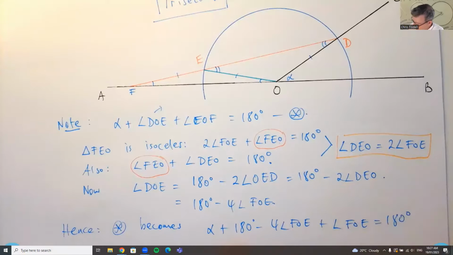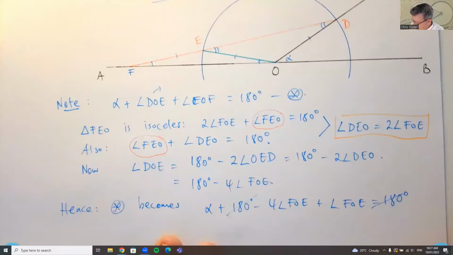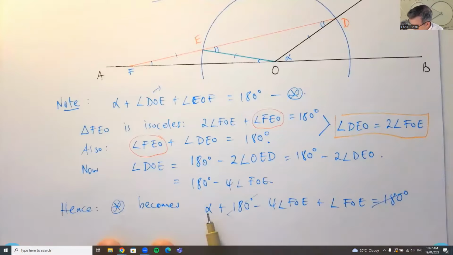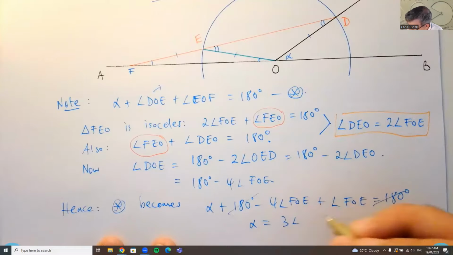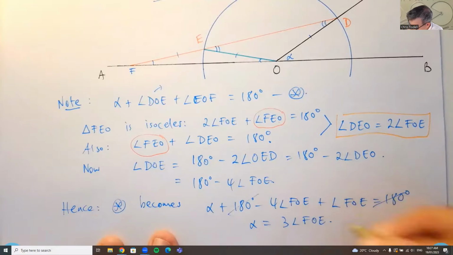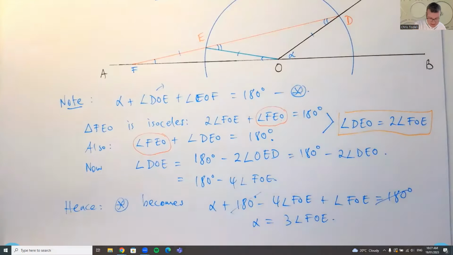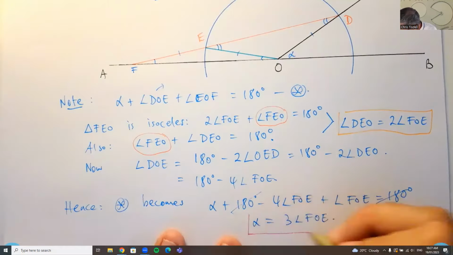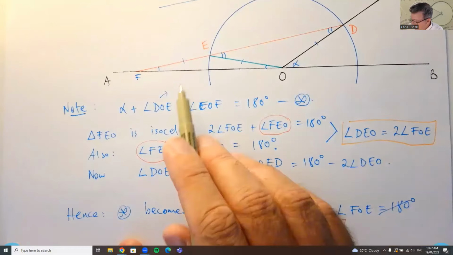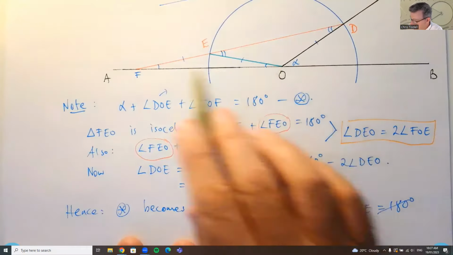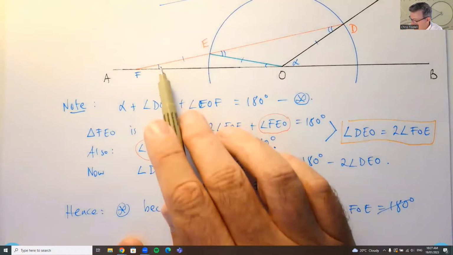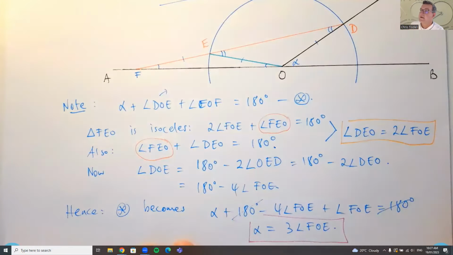Okay, the 180s will cancel off. And then we're going to get alpha equals 3 angles FOE. And that's it. Okay, so this angle is 1/3 of that angle, and that angle is the same as that angle. So this angle must be 1/3 of that.